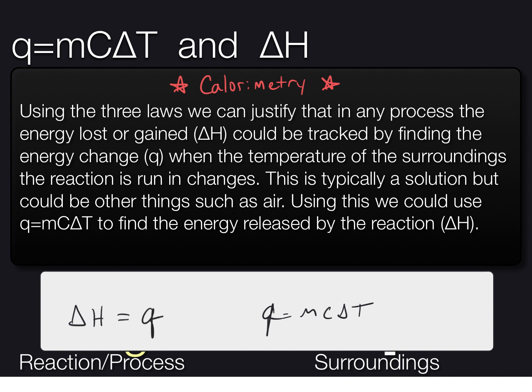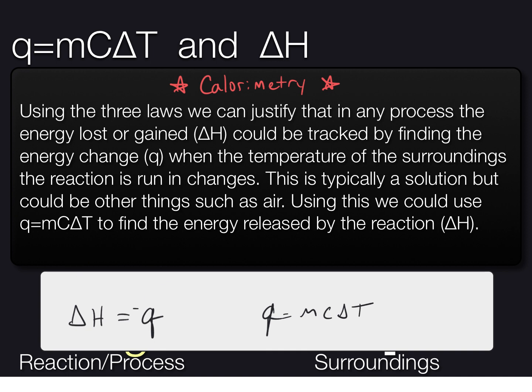As we learned in the laws of thermodynamics, the energy gained by an object is equal to the energy lost by the surroundings. And so we bring in the concept of the first law of thermodynamics: Q equals negative Q. But now we're going to substitute the first Q with delta H because that's for a reaction or process. The change in energy is equal to the energy gained or lost by the surroundings.